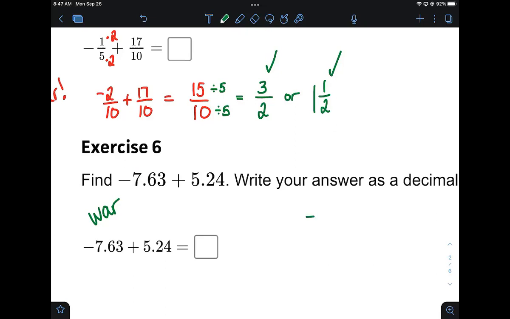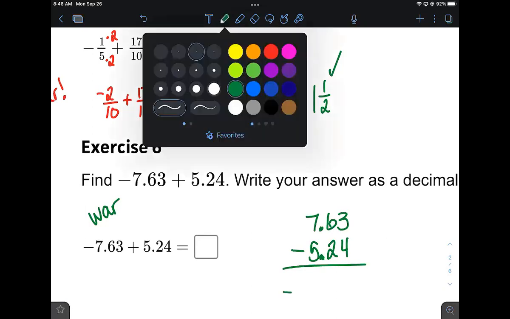So 7.63 is going to go on top. Line up your decimal points, 5.24. I think you probably would have lined up your decimal points regardless, because there's no extra digits, so there's no zeros that I have to add here. We said we're going to war, which means we subtract. Also, which army won? Negative. So my answer is going to be negative. So I have to put the 7.63 on top in order to do the subtraction.